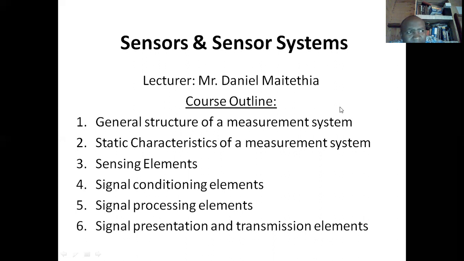My plan is to give you a project where you are expected to use the knowledge you learn in this course to design an experimental trainer module for undergraduate students. This course is very related to a course we teach undergraduate students called electronic instrumentation systems.